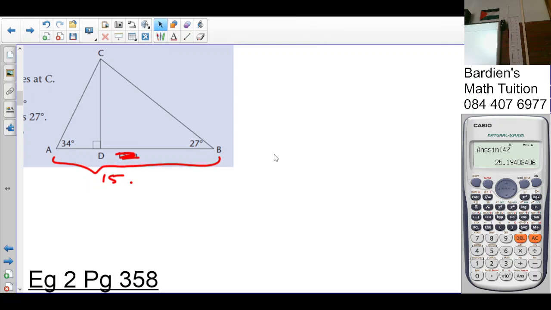So what do you think can be calculated here with this information? I can calculate AC or CA. So I'm working with that big triangle, triangle CAB.